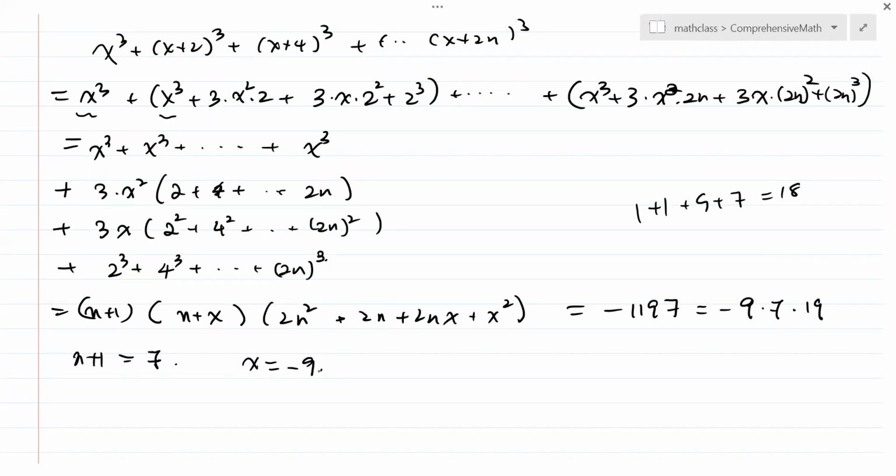Then you get a negative sign. That's the solution. There are not many choices for n anyway. n plus 1 should be one of those factors, but only n plus 1 equals 7 works.